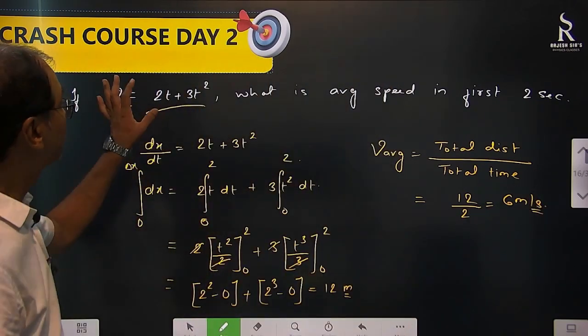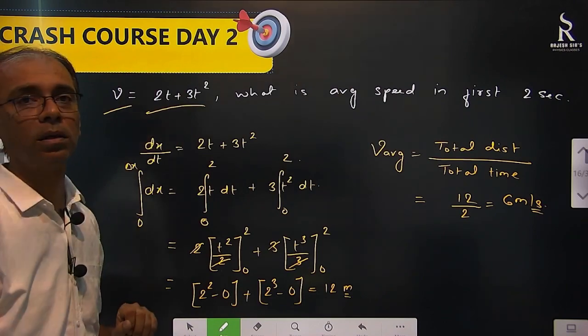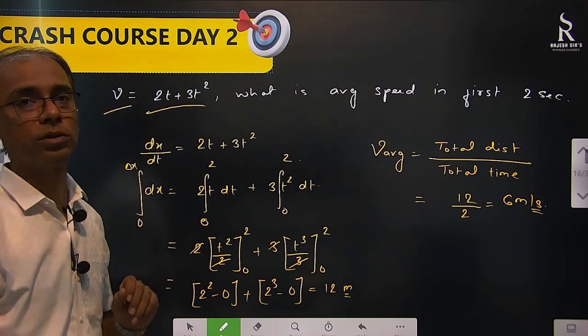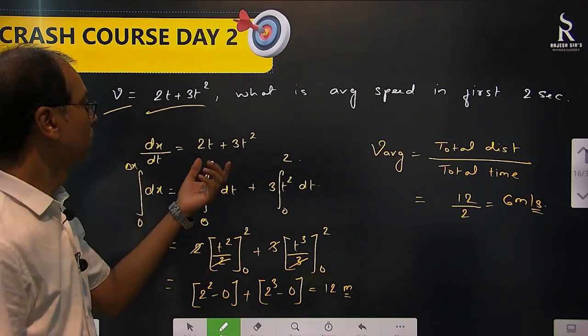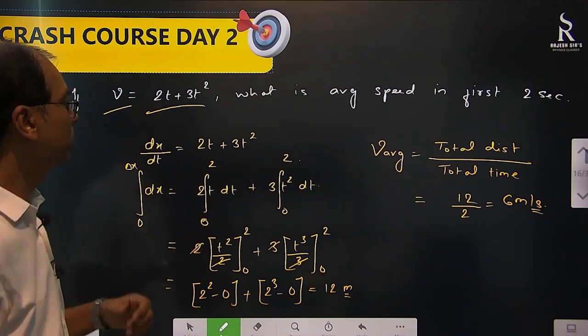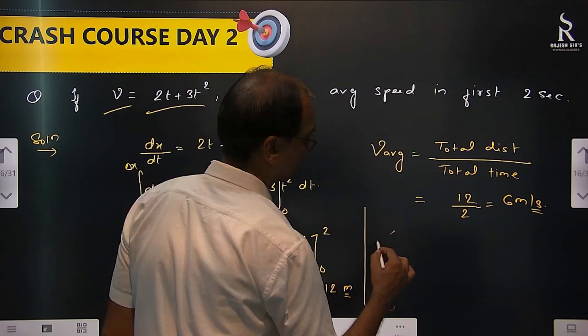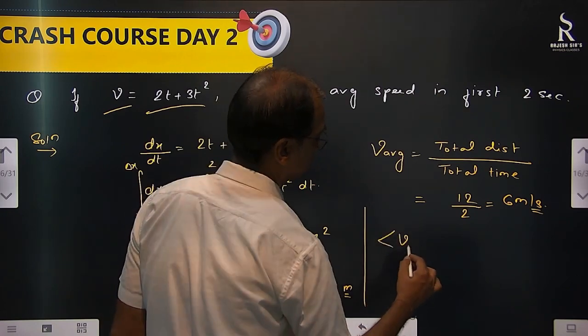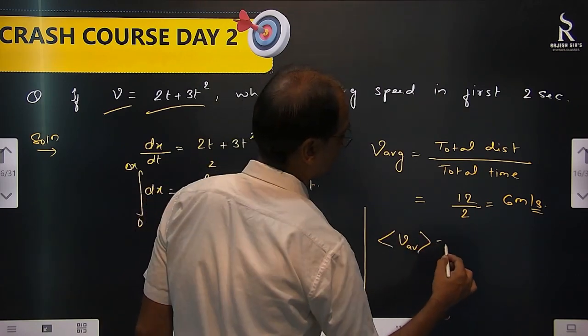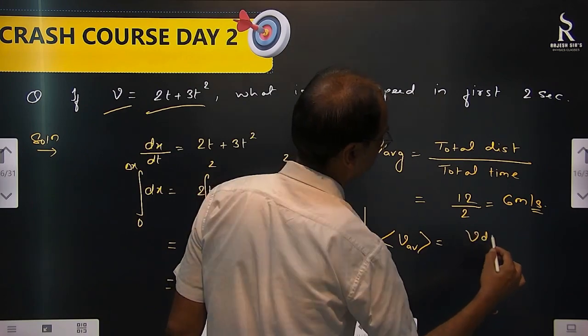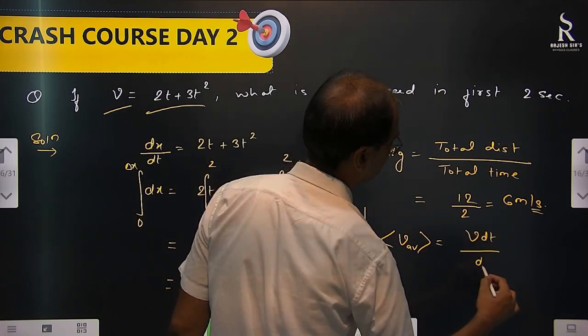So this is basically instantaneous speed. How to calculate average? Total distance you have to find. If from instantaneous value I am writing average, we represent it like this. What is that? V dt by dt.